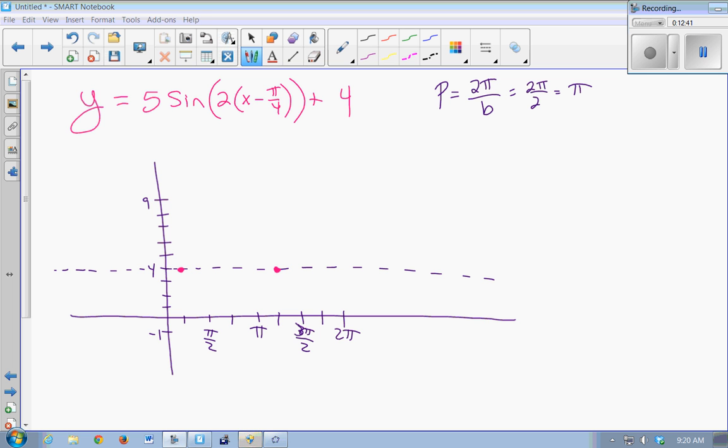So not at pi, but pi units from pi over 4. And then exactly halfway between those two, it'll be there. And halfway between the middles, we'll have a high and a low. And then we can sketch the sine function.